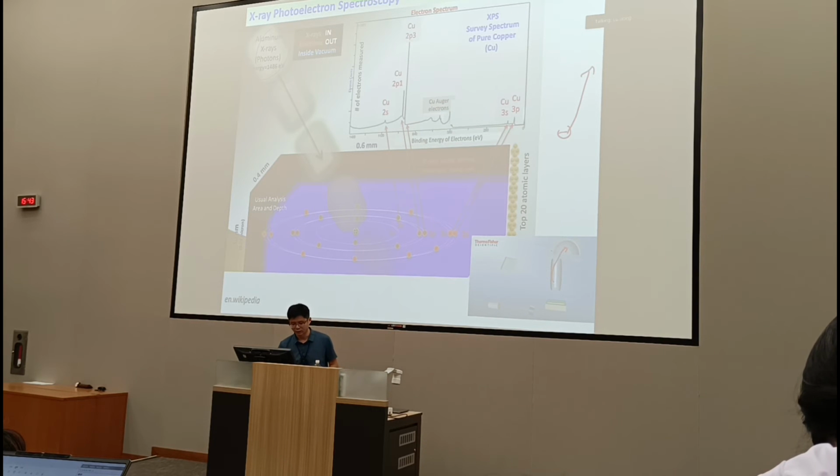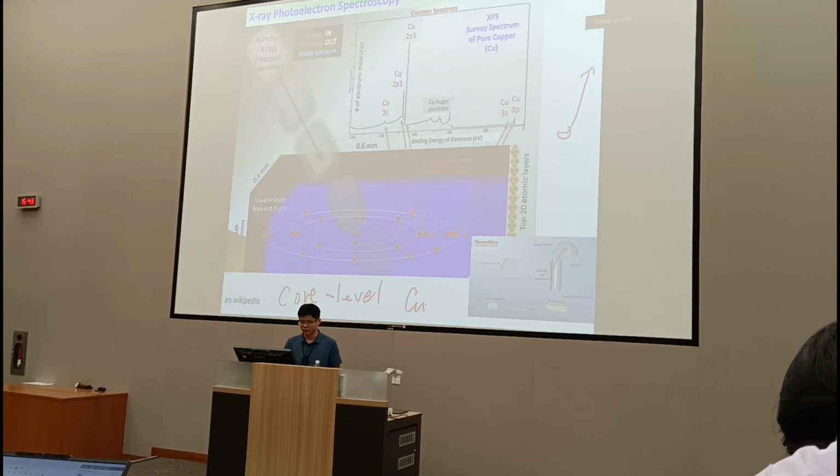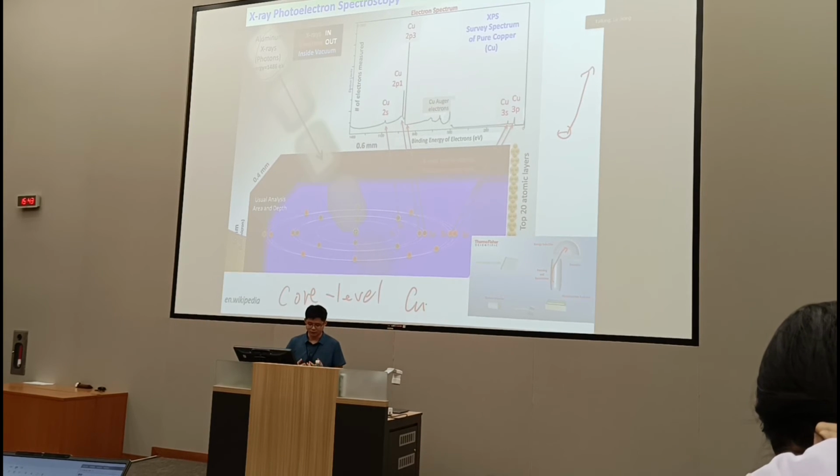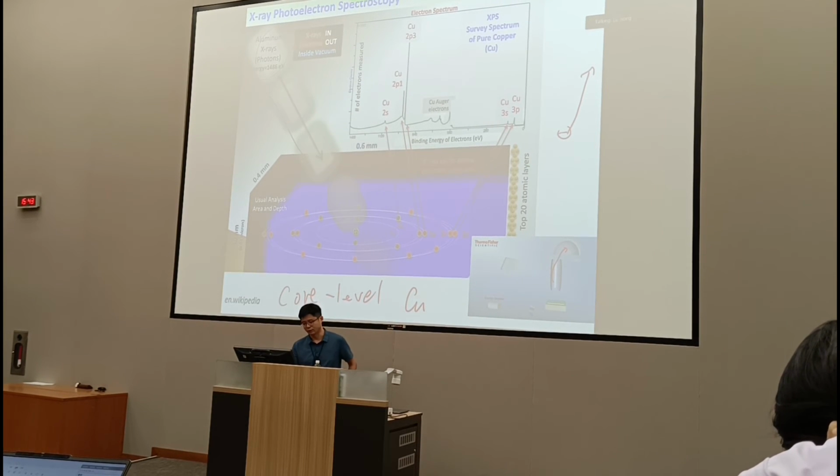This carries information. In XPS, very often we excite the core-level electrons. For example, for a piece of copper, you irradiate it with X-rays, and you can excite the core-level electrons from the 1s and other energy levels to escape. Then you analyze the kinetic energy of the electrons.